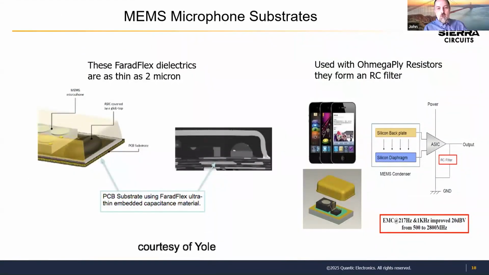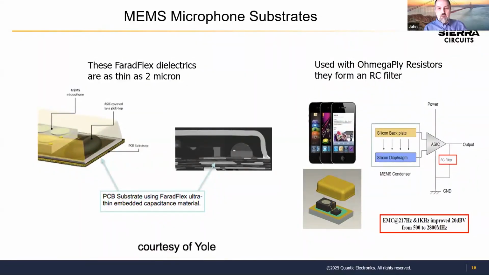Here's an early example of using both technologies together. Inside the package that the MEMS microphone sits on is the FaradFlex material, which forms a capacitor. Typically, they're small 20 picofarad capacitors. There's also a couple of resistors in there, and what that forms with our material is an RC filter.